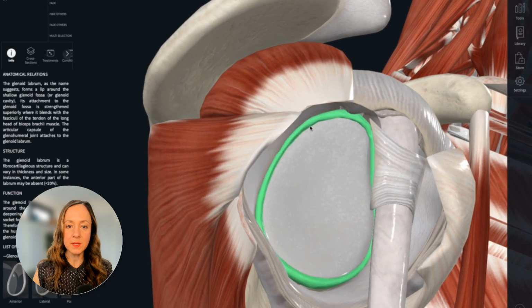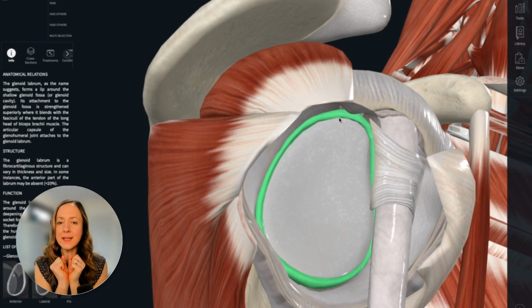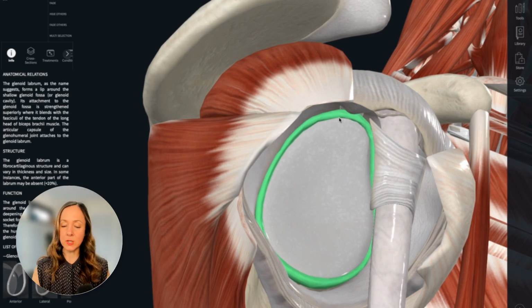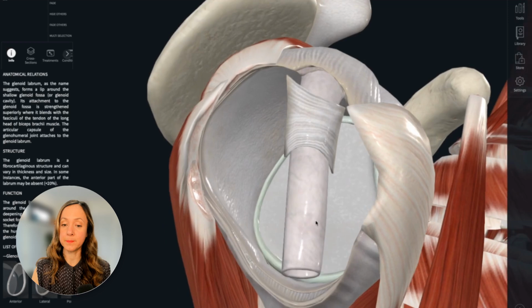And that forms the ring of stability around the glenoid fossa because it's fibrous, like the meniscus. Anyone out there who's had a meniscus tear or labrum irritation, it's poorly served with blood supply, and so can be reluctant to heal.